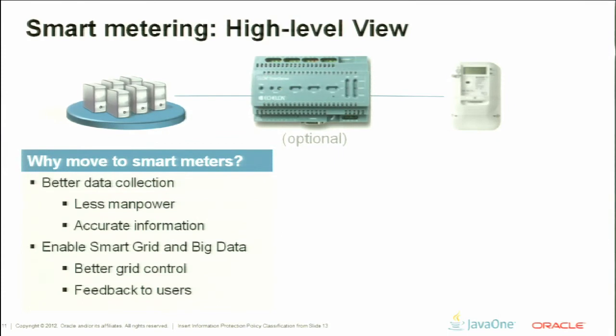There are two main reasons for most people to move to smart meters. The first one is to have better data collection. We want less manpower and maybe more accurate information, because there will not be anybody having to type in numbers all day.